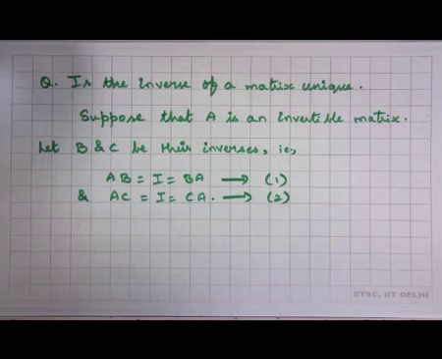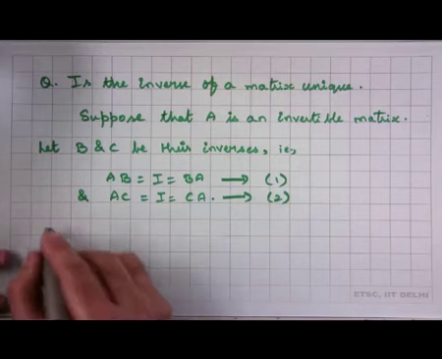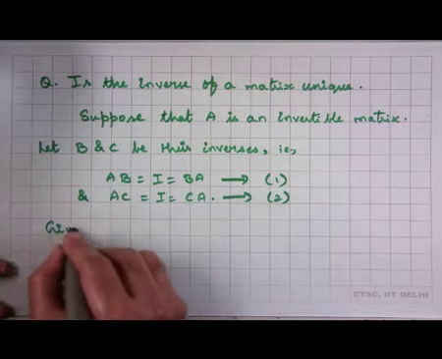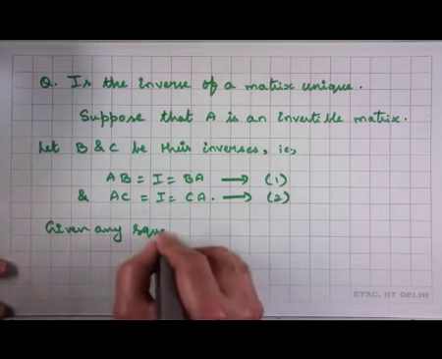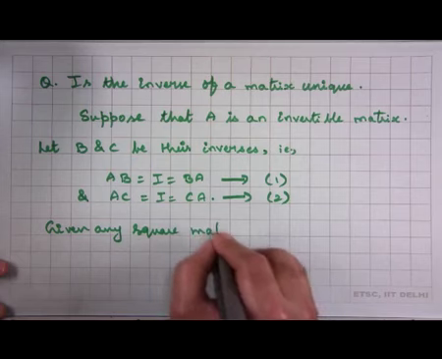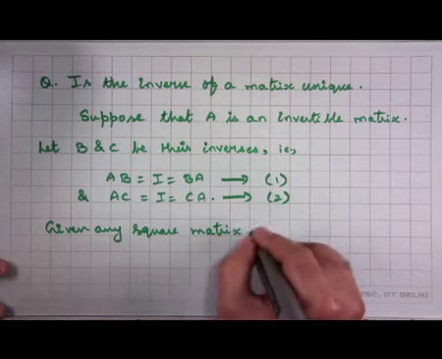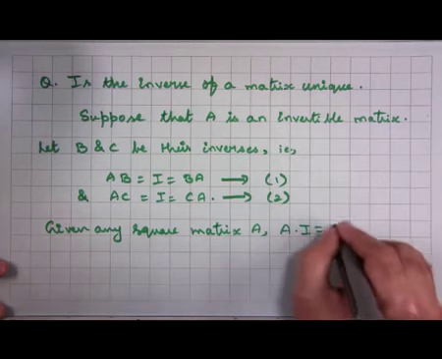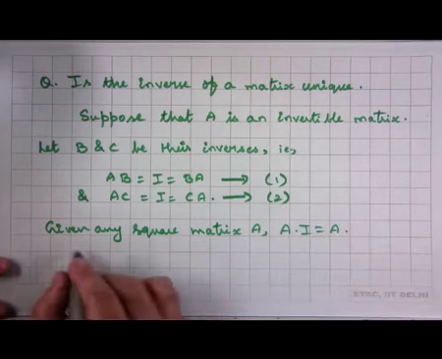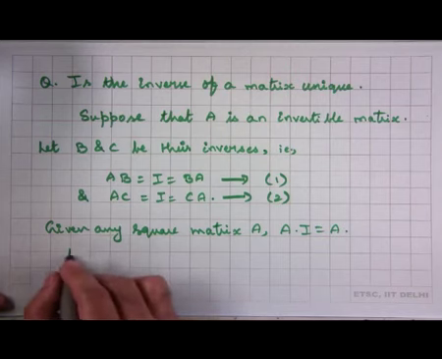Now, let us observe a simple thing. Given any square matrix A, A times I is going to be just A. Why is it so? Let us prove it.